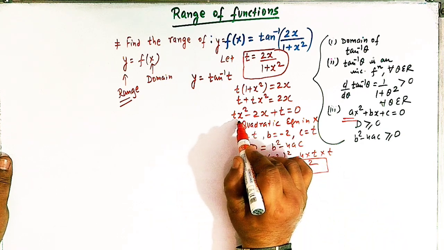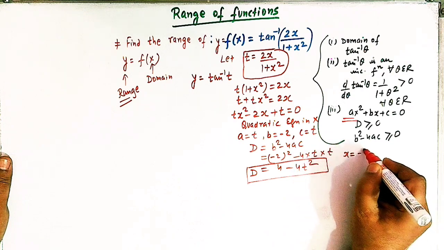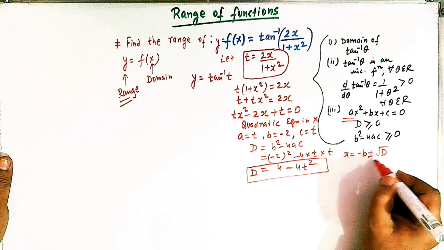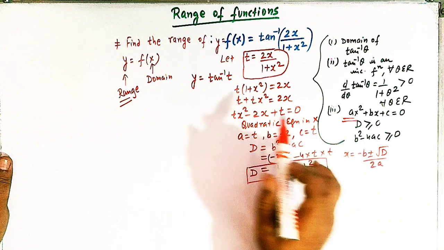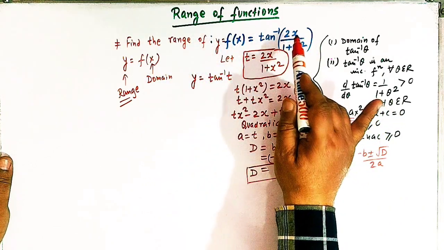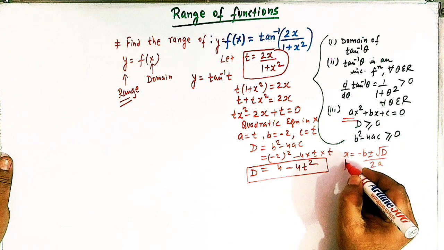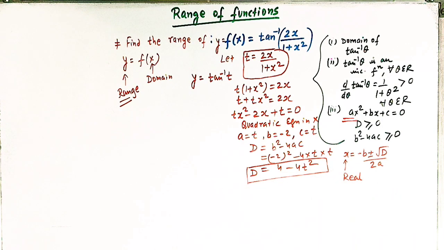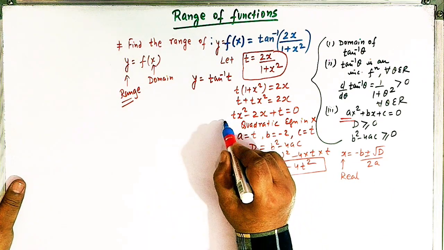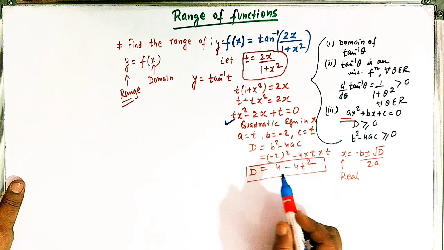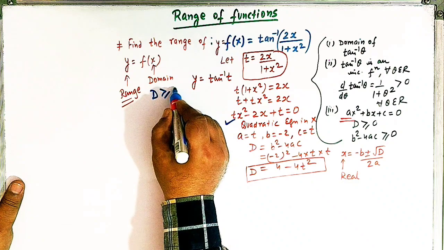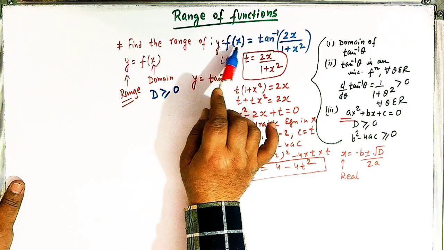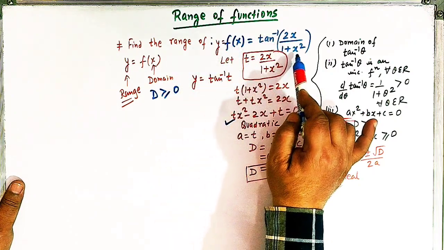Now here the value of x can be given by the quadratic formula, that is minus b plus minus square root of d over 2a, and we can easily see that the values of x, that is the domain of this function, are all real, because this quadratic equation has real roots, and for real roots we have d greater than or equal to 0, right? In the original function we have y equal to f of x equal to tan inverse of 2x over 1 plus x square.